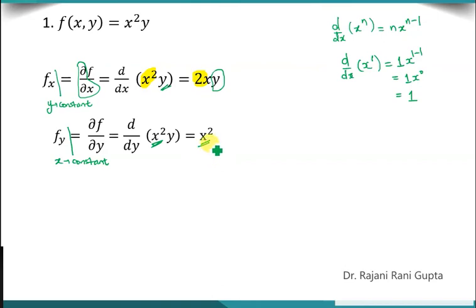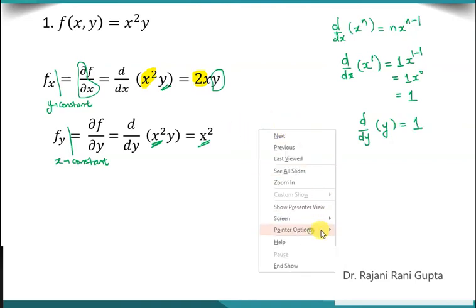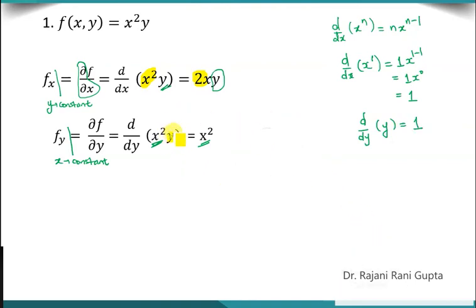Now we use the same rules of derivative for y as we used for x. So we say that the derivative of y is 1. What we did here is we just differentiated y and its derivative comes out to be 1. 1 into x square is nothing but x to the power 2.